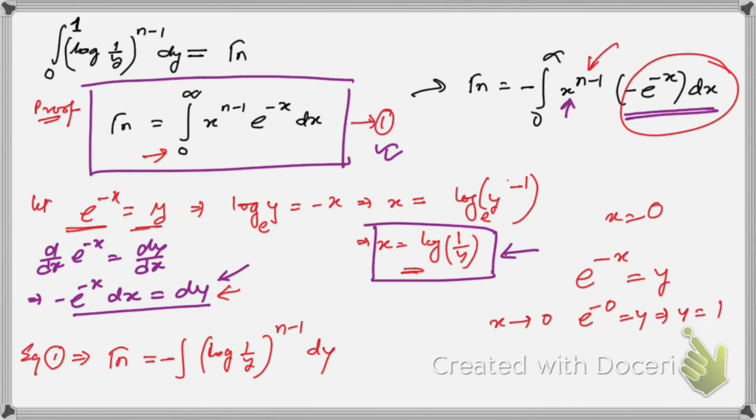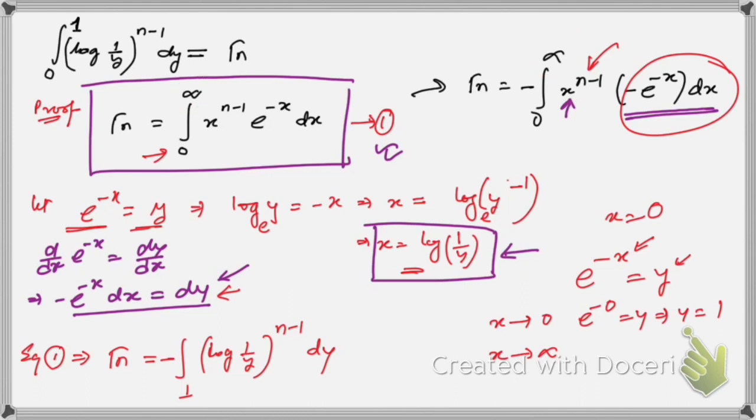So this limit 0 will be replaced by 1, because when x is 0, y is equal to 1. Now when x will be infinity, you can see this is the infinity.